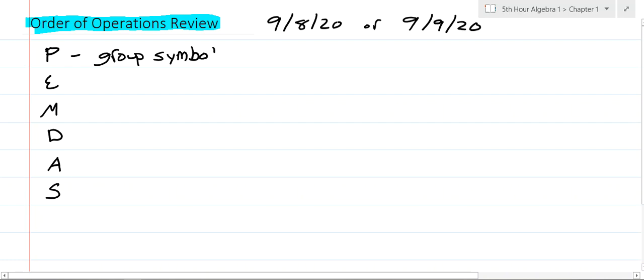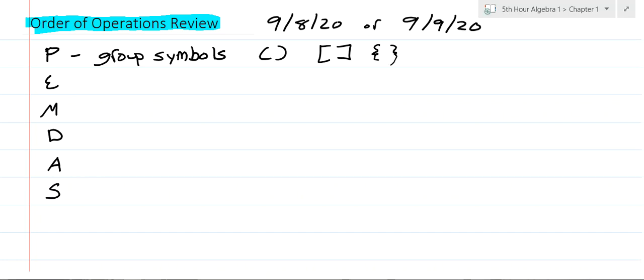Grouping symbols can be parentheses, they can be brackets, they could even be these little bird eye looking things. For the most part, we are going to focus in Algebra 1 on parentheses and once in a while the brackets. So you may have had this memorized as "Please excuse my dear Aunt Sally."